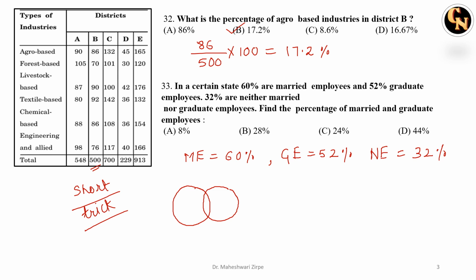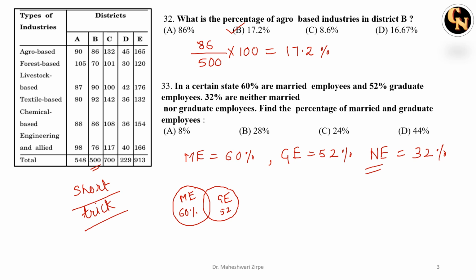Let us say that this is ME, that is married employed, and this is your graduate employee, GE. So married employees are how many? 60%, and graduate employees are 52%. Correct? So here, whatever is the intersection between these two, that will be your answer. Because they are saying that there are 32% which are neither.